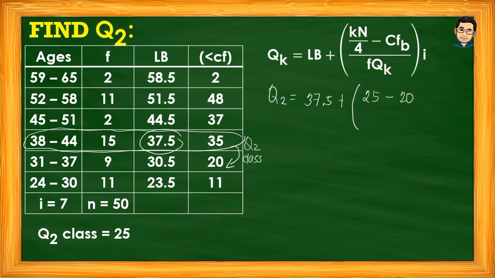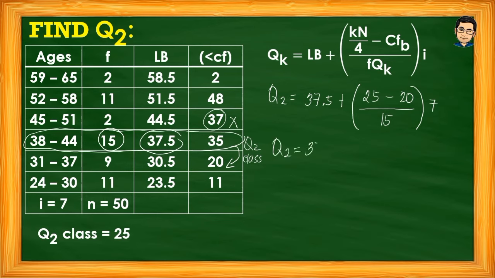So, kapag kinuha natin yung 37, automatically, mali na po yung sagot, kasi greater than na yon. Over the frequency of the quartile class, that is 15. So, ito po siya, yung frequency ng 38 to 44 na class. Times the class interval 7.